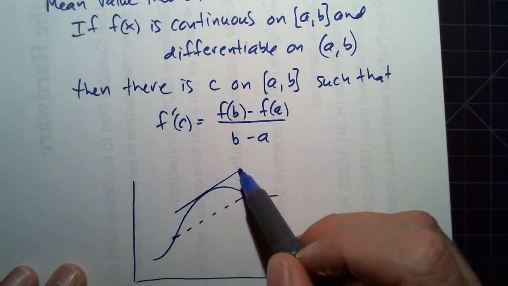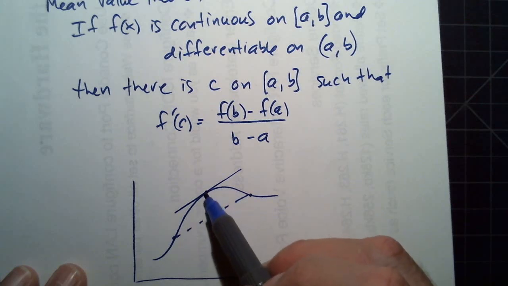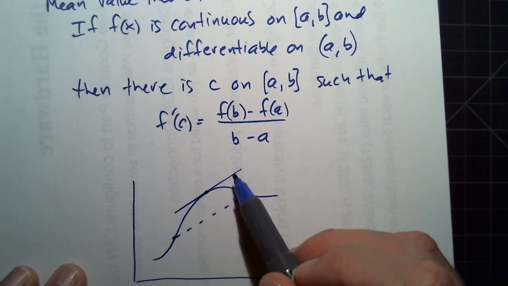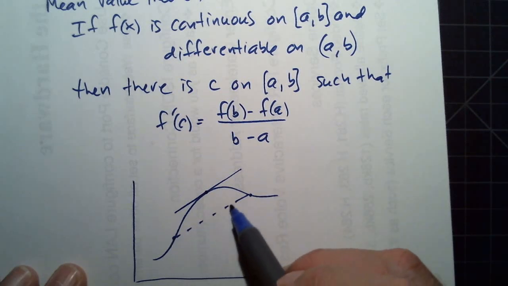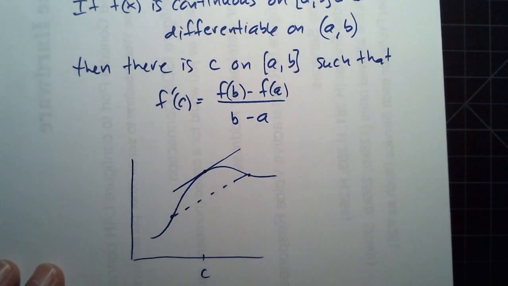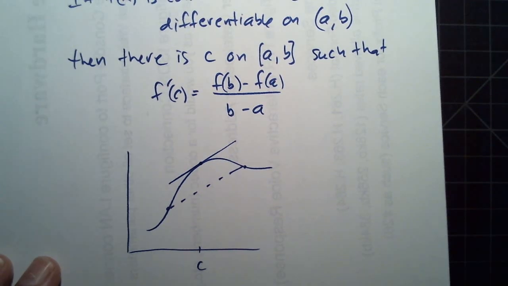The tangent line, there are infinite tangent lines, but the tangent line at that point looks like this. This tangent line is parallel to the secant line, and the existence of this x value is what the mean value theorem guarantees.